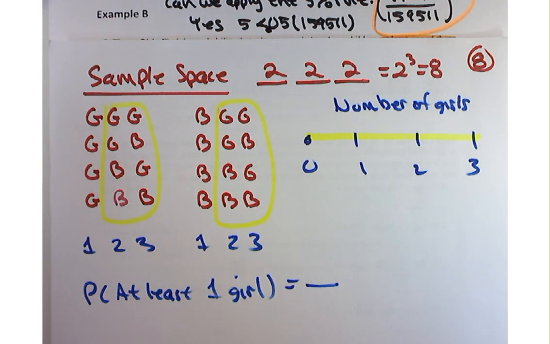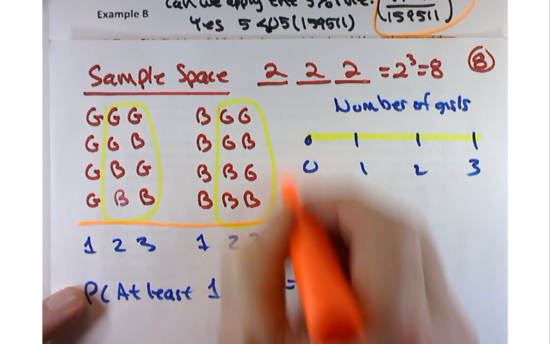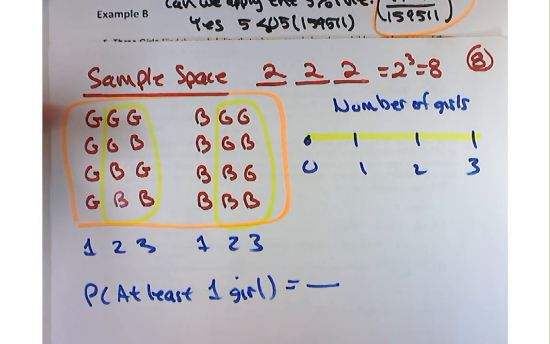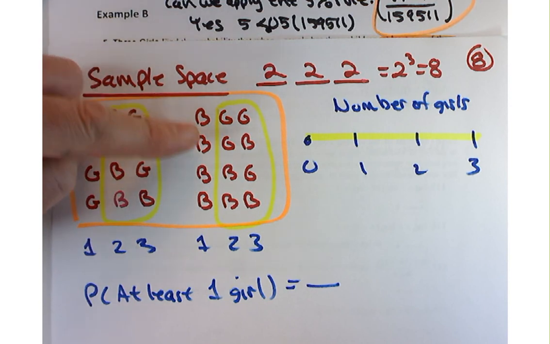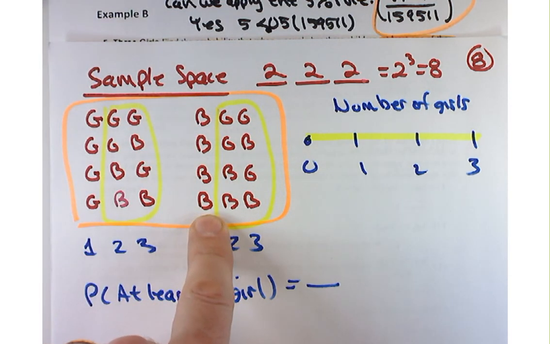Let's do it directly, just by looking at the sample space and try to figure out how many ways there are that we can get at least one girl. 1, 2, 3, 4, 5, 6, 7. How come I can't count this one?